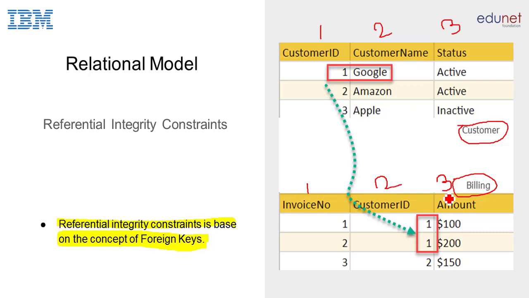Let's understand in a real scenario. Suppose this person is going to order a particular product online on Amazon.